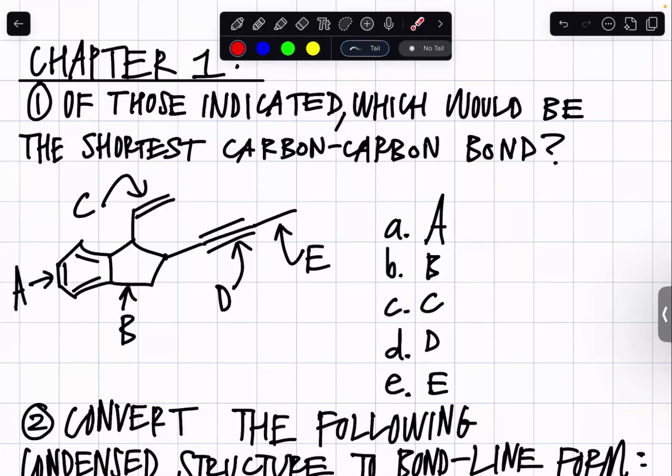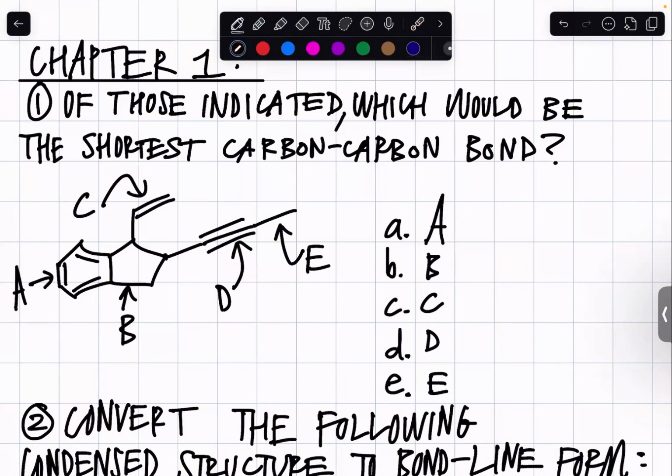Okay. So for number one, it's asking, of those indicated, which would be the shortest carbon to carbon bond. I'll have you try it, and if you're not sure, let me know, and then I could go over the concept with you and we could get the answer from there. Okay, I want to say D. D, yes.